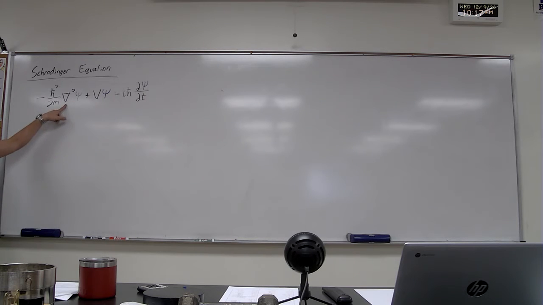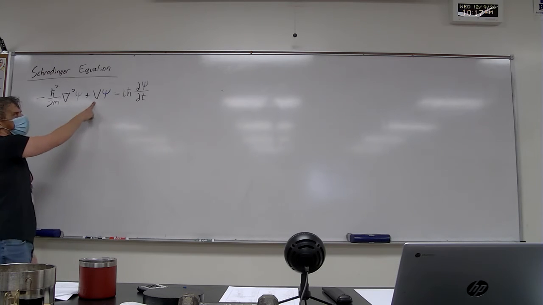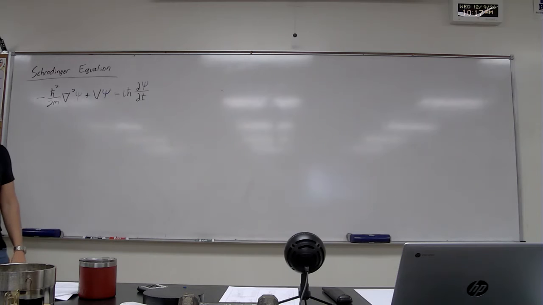This operator, this Laplacian, that derivative, tells you how psi, the wave function, changes according to distance. V right here is actually potential energy. We usually use U for potential energy, but in the Schrodinger equation, they usually use V. So it's the potential energy operator.